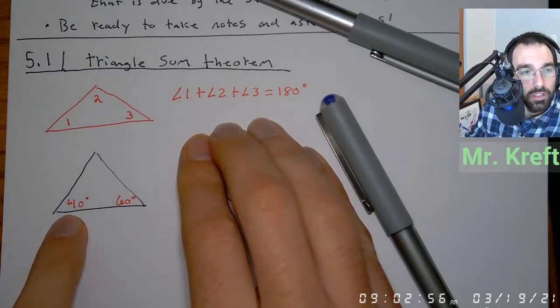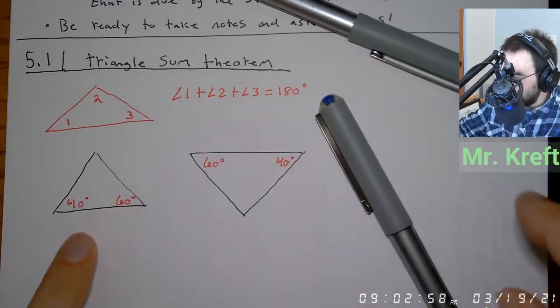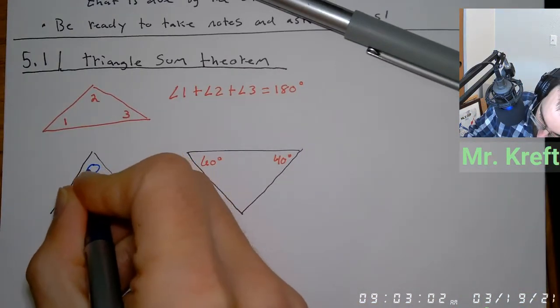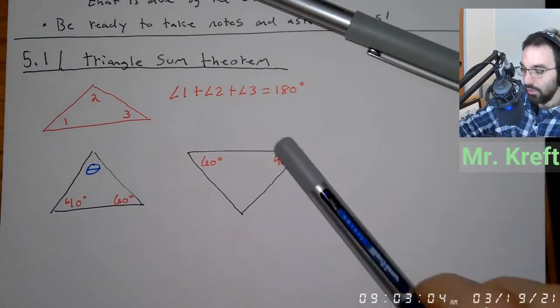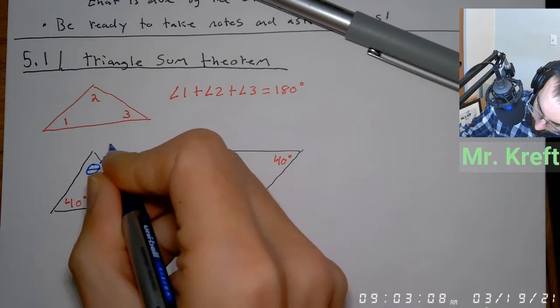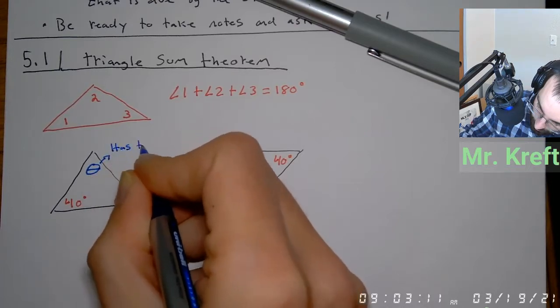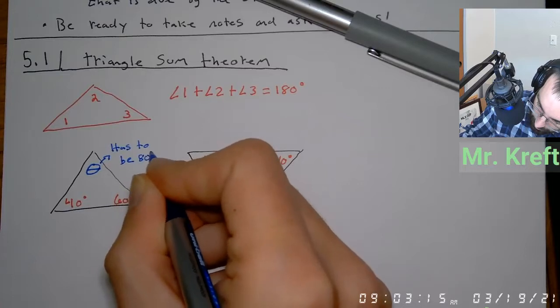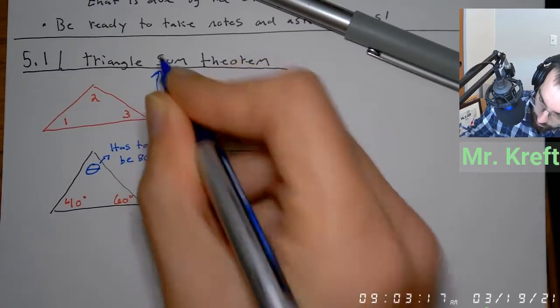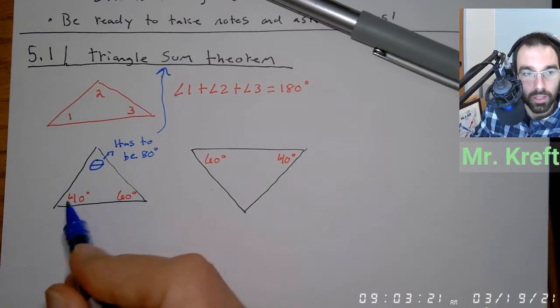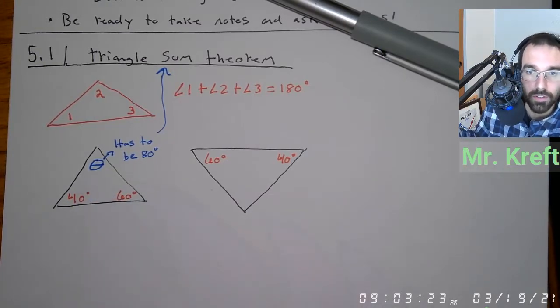If this is 40 degrees and this is 60 degrees, and this angle up here is some angle theta, we can figure out on our own that this angle has to be 80 degrees by the triangle sum theorem. Okay, because 40 plus 60 equals 100, and so that has to be 80 because it's 180 degrees.